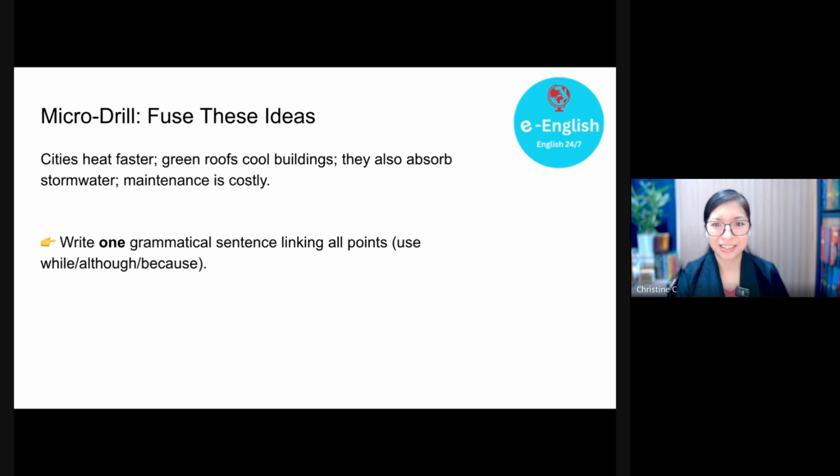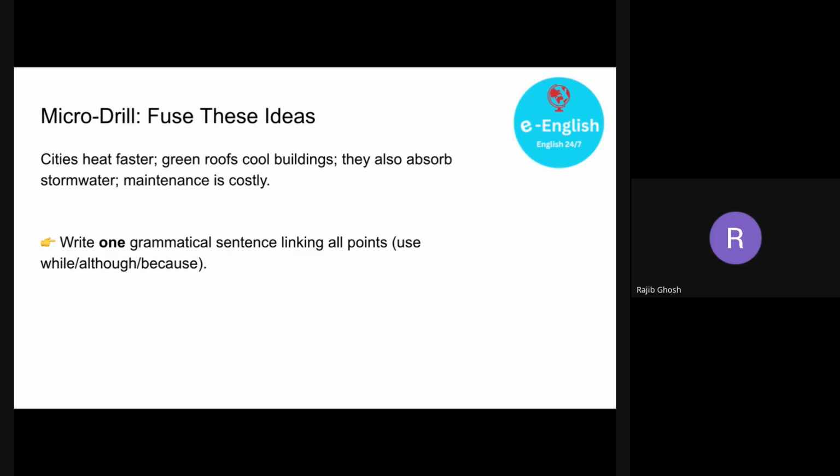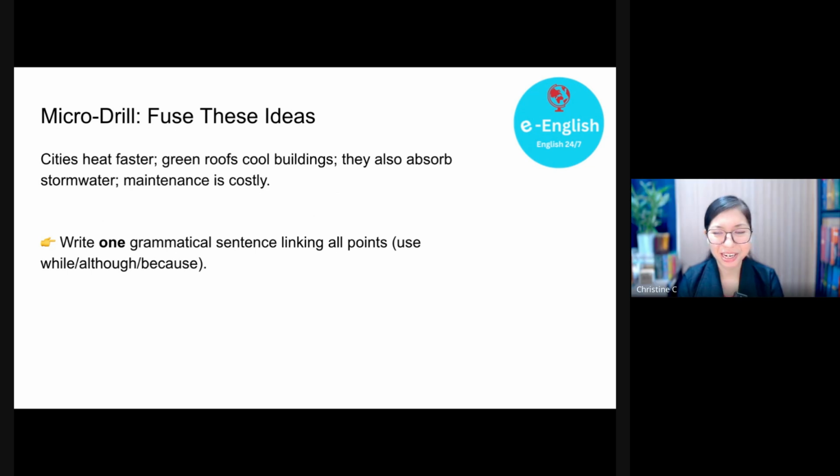How can we connect these sentences together? Would you like to try, Rajib?